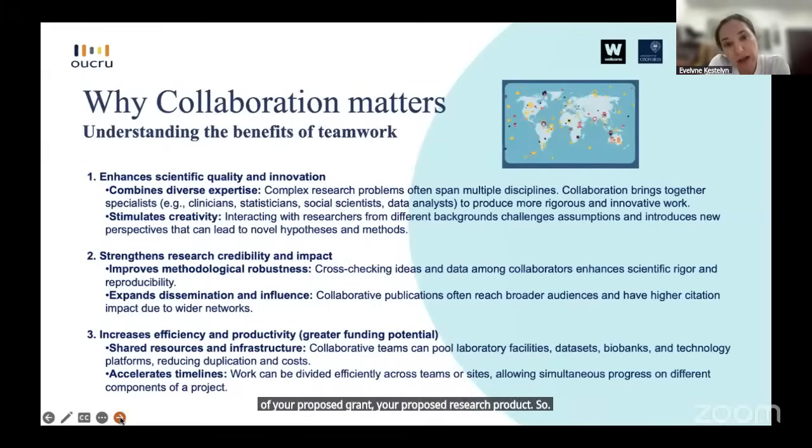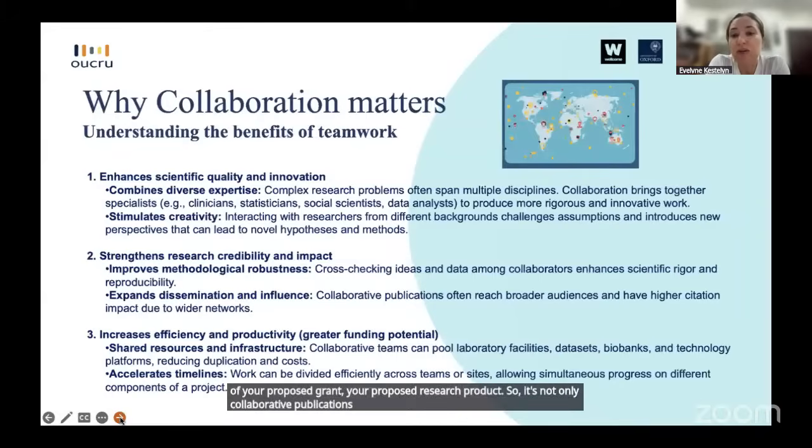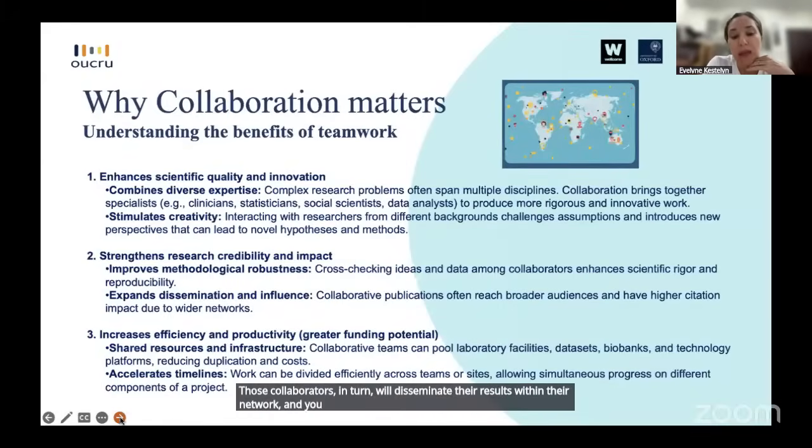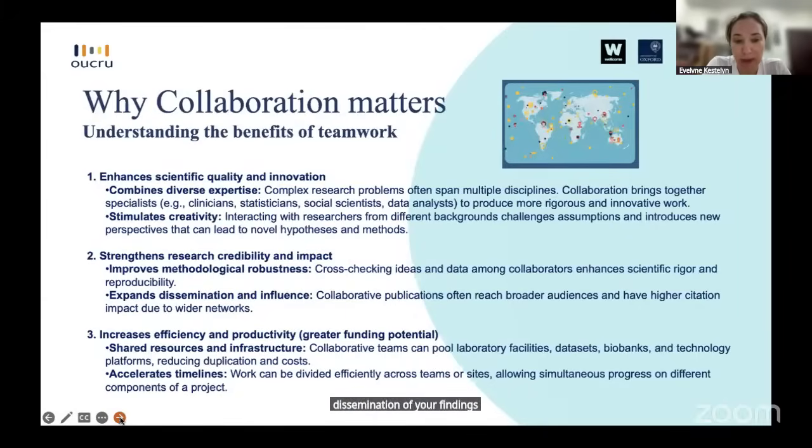So it's not only collaborative publications that often reach a broader audience, but by having a network of collaborators, those collaborators in turn will disseminate their results within their network, and you get a kind of snowball effect of dissemination of your findings and of your impact.